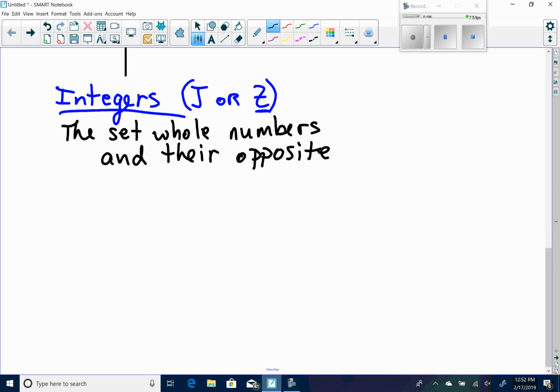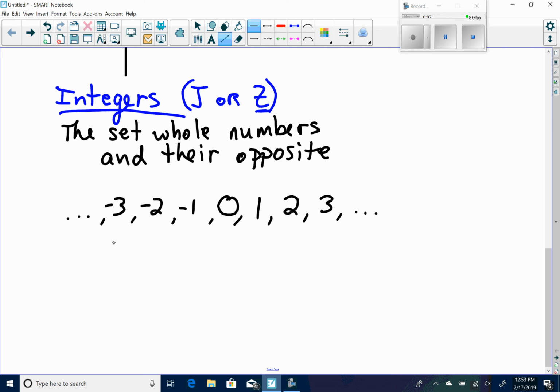I'll talk about that next, but pretty much the set of whole numbers start with 0, 1. Notice there's no fractions or decimals in between, 2, 3, and so on. So these are the set of whole numbers, and over here be their opposites. -1, -2, -3, and so on. So again, notice there's no fractions or decimals here. So if we took all of those out from the set of rational numbers, we have the set of integers.